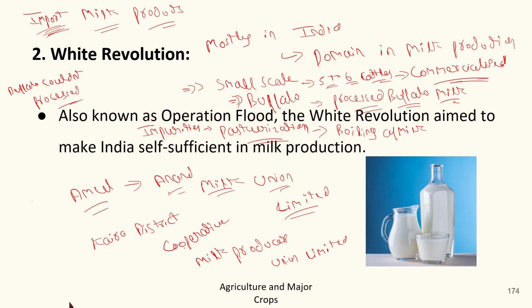Okay, so Varghese had seen the Amul as an alternative for enlarging the small scale businesses of the individuals.